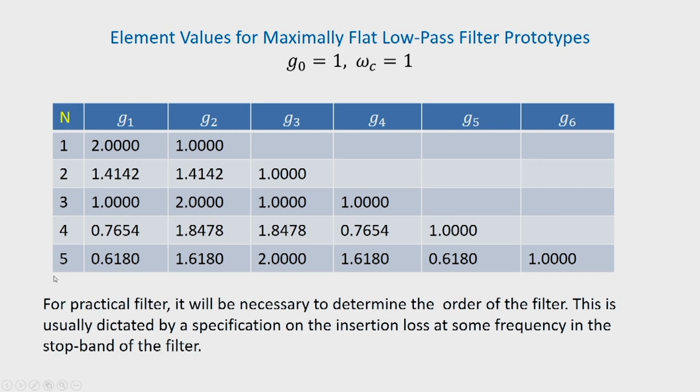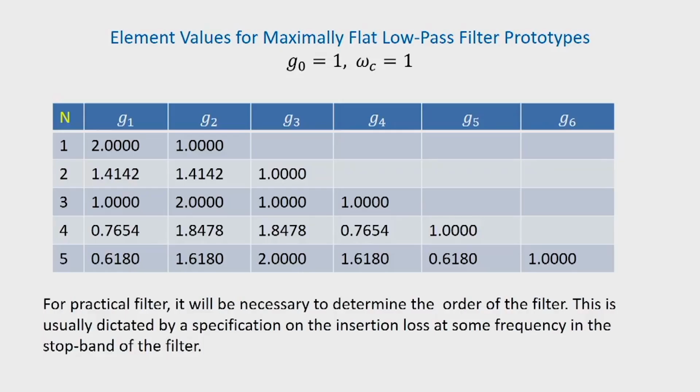Now, in a practical filter, it will be necessary to determine the order of the filter, and as already mentioned, usually it is dictated by the specification on the insertion loss at some frequency in the stop band of the filter.